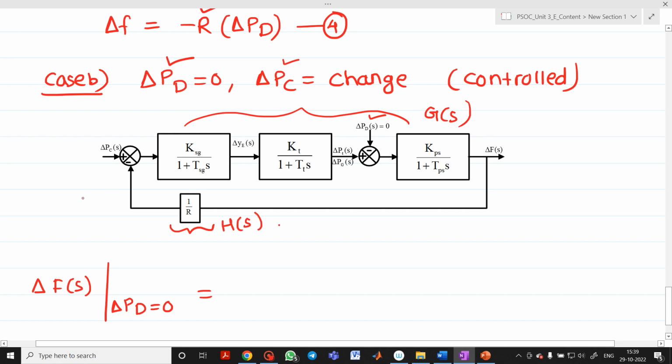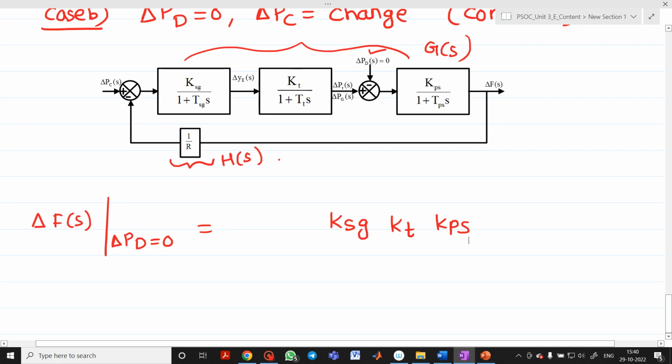The input is positive, so G of s is Kg into Kt into Kps. Directly I can write the equation as G of s upon 1 plus G of s into H of s.